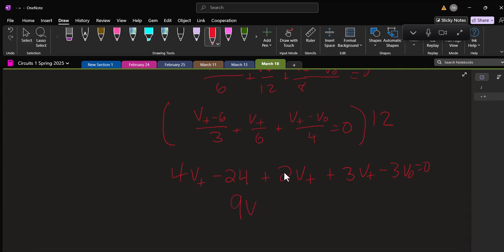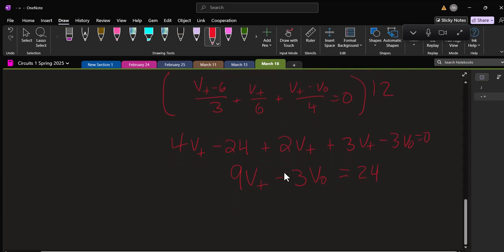This is where I make mistakes, so y'all make sure that I do my math right. 4 plus 2 is 6, plus 3 is 9. 9V plus minus 3V out equals 24. Three V plus minus V out equals 8 if I divide by 3.